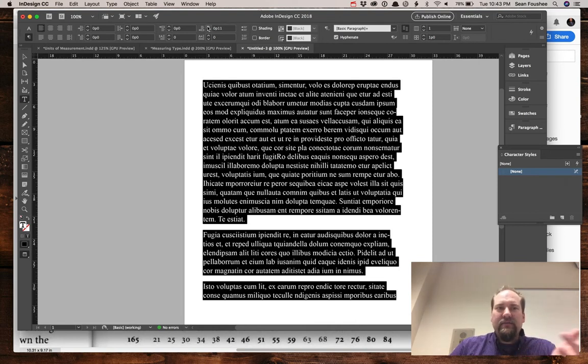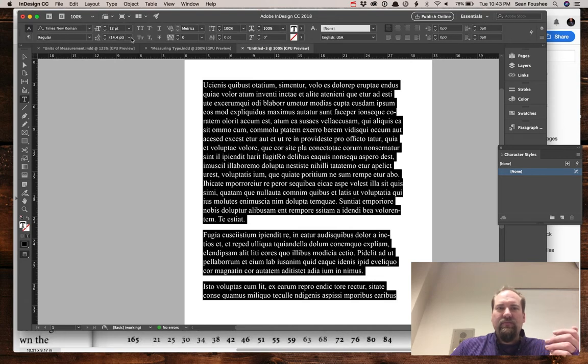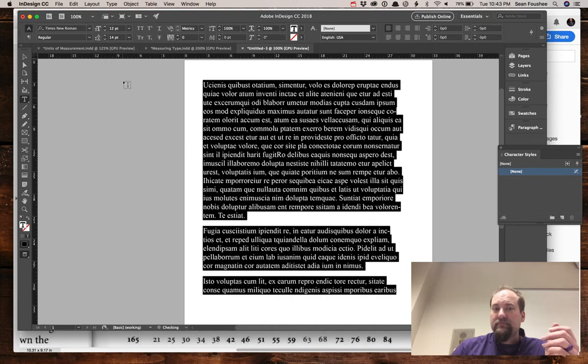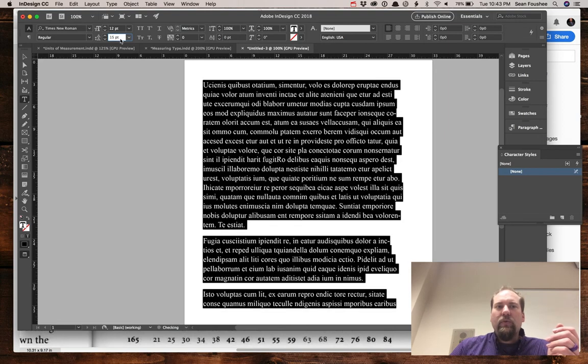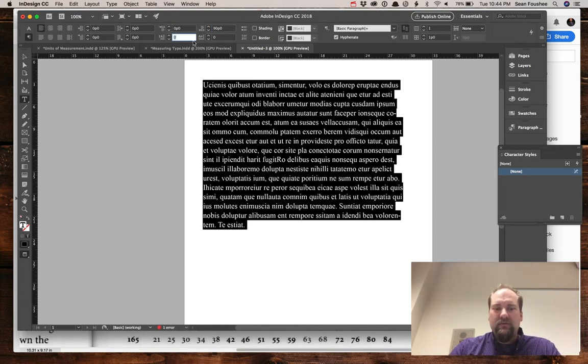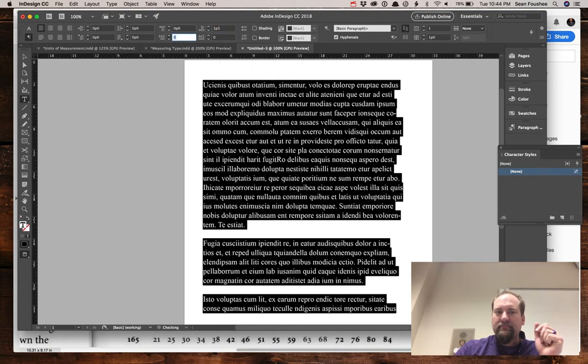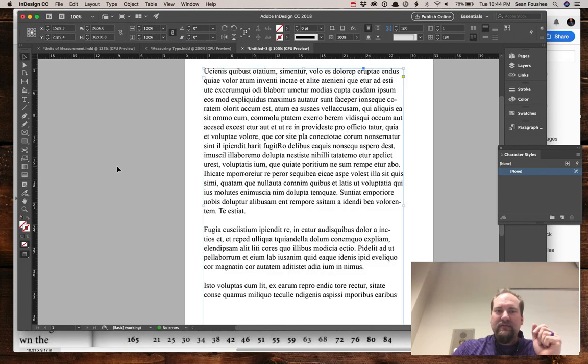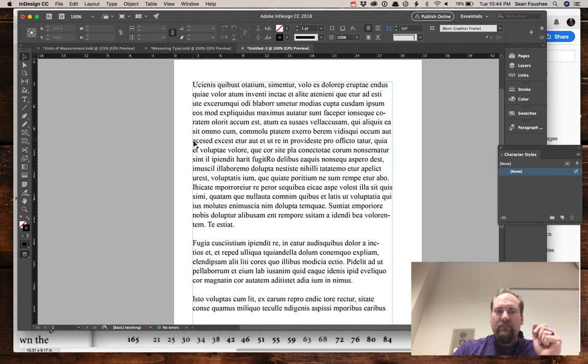So if I take a look at my leading, let's say I set my leading to 15 points, then I also want a space between my paragraphs of 15 points. So then the idea is that you want to have a consistent look. Baseline to baseline is 15 points. This is also 15 points of space.